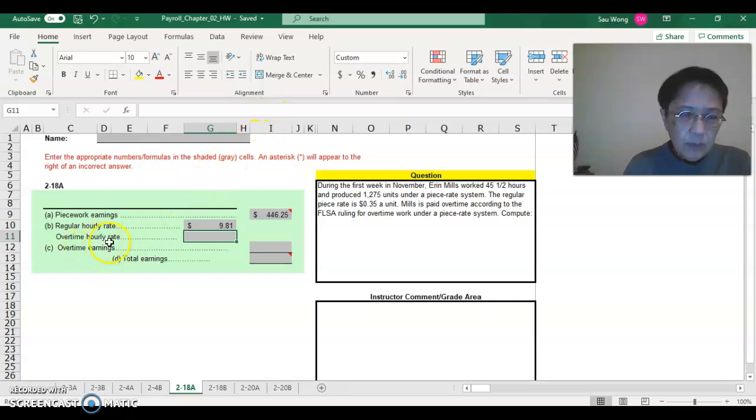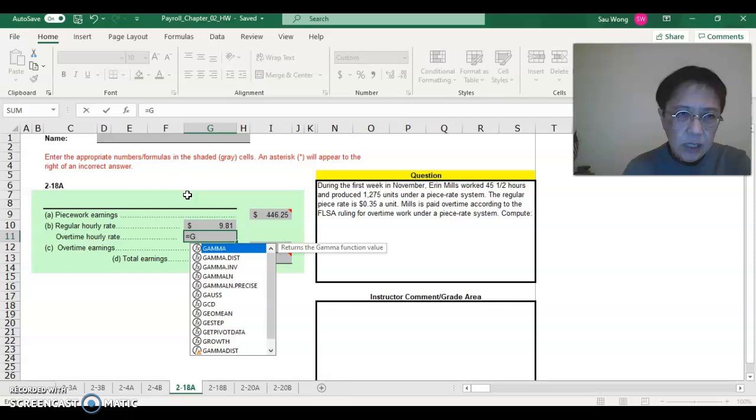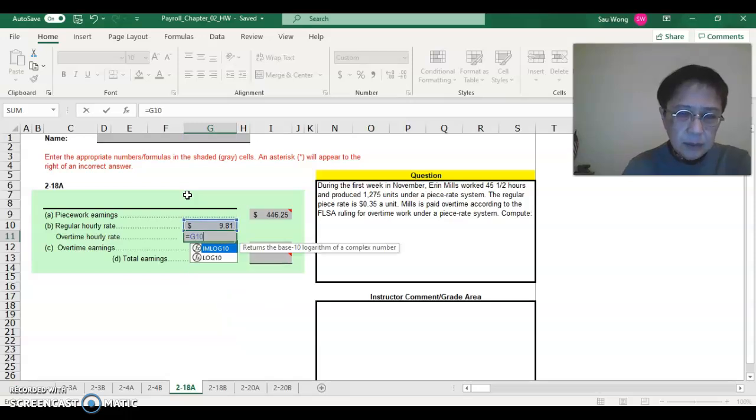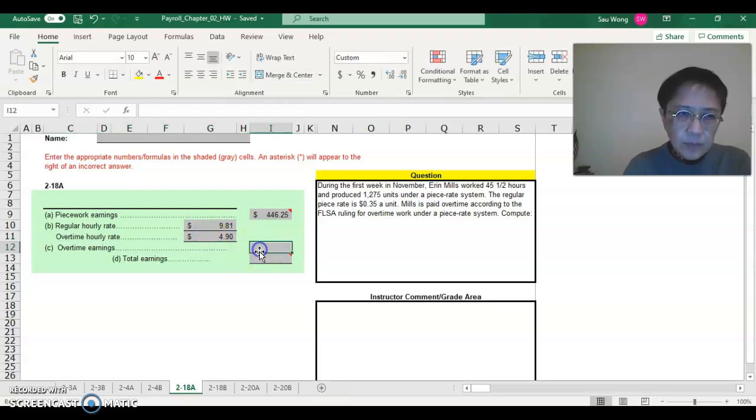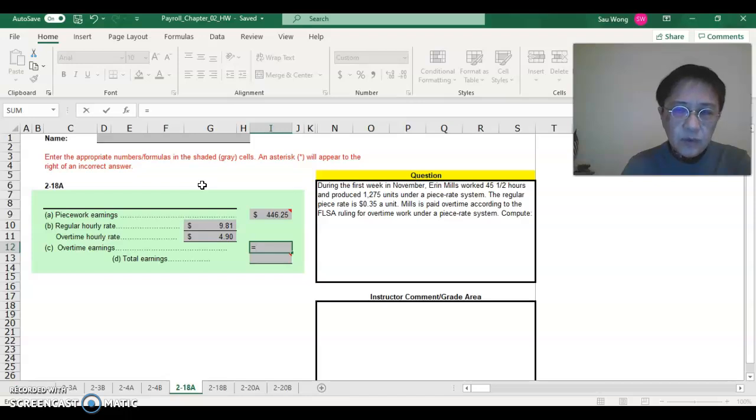And overtime hourly rate is equal to our regular hourly rate, G10, times 0.5. Here is a little bit different. It's not times 1.5. It's the regular hourly rate times 0.5 only for the overtime. The overtime earnings should be equal to anything that is over 40 hours.